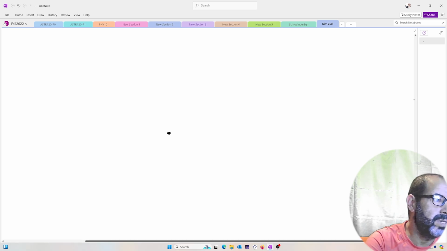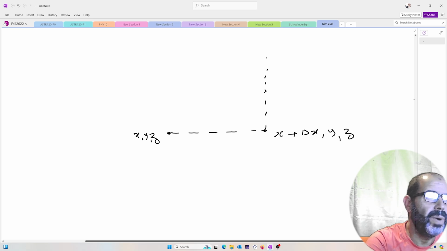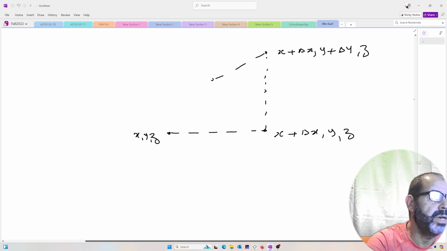So we'll start at x, y, z, and we move in the positive direction of the x-axis by delta x, and we move in the positive direction of the y-axis by an amount delta y, and we move in the positive direction of the z-axis by delta z. So this is going to be x plus delta x, y plus delta y, and z plus delta z.